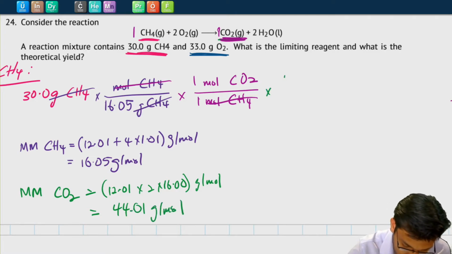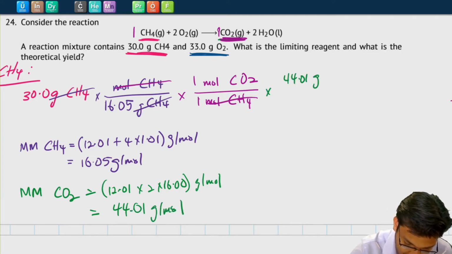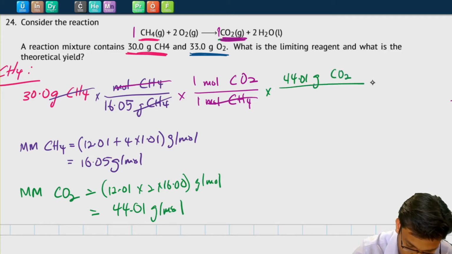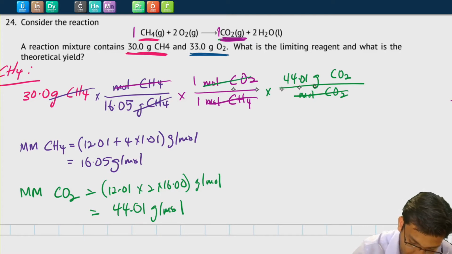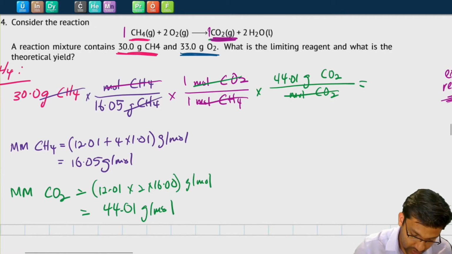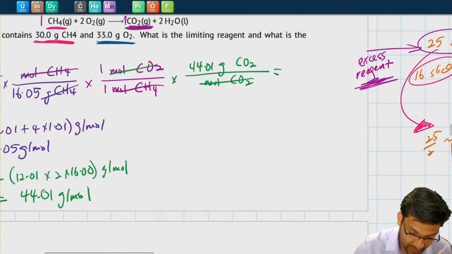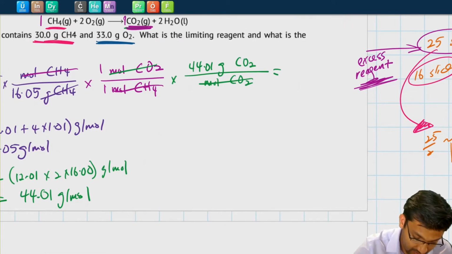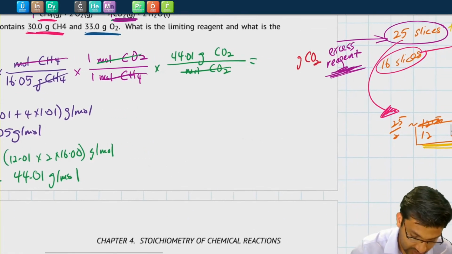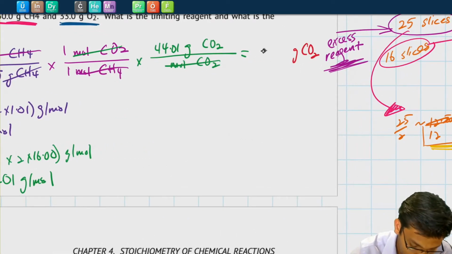So 44.01 grams of carbon dioxide per mole of carbon dioxide. So here we'll get grams of carbon dioxide as our answer. Let's use red. So grams CO2, and we plug all of these into our calculation, and we'll see that we get 82.3 grams. So let's just circle that.